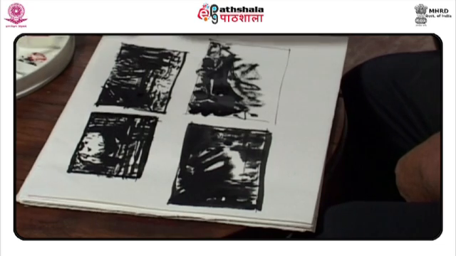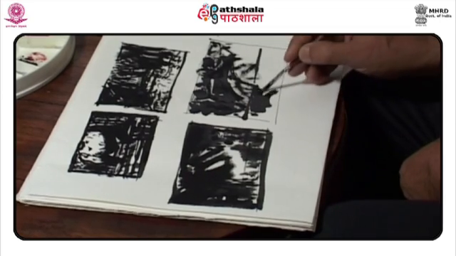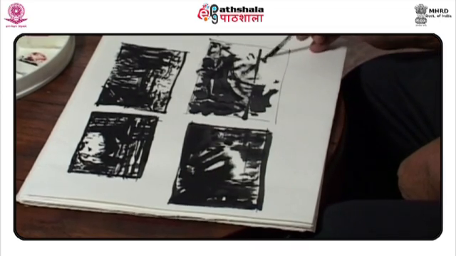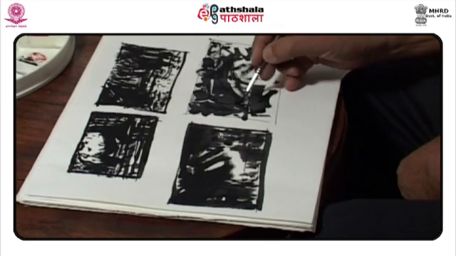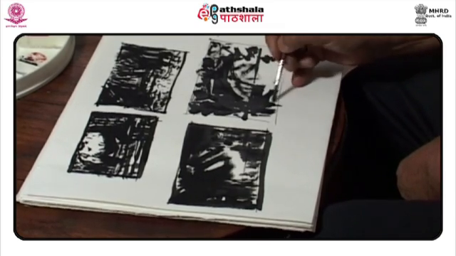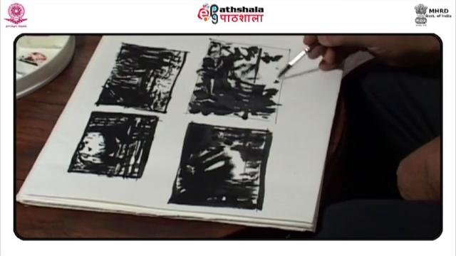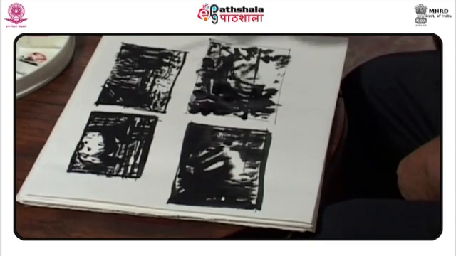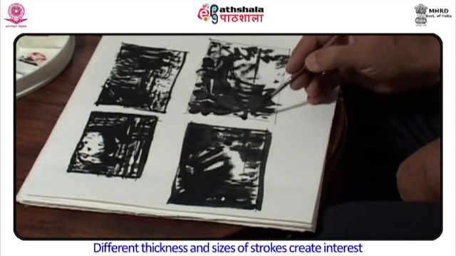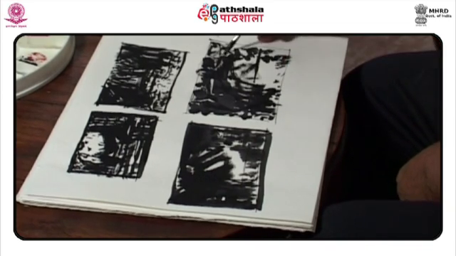Fill up the space with free brush strokes. Draw a horizon and below that line put a dark patch and try to fill the left side with variation of linear strokes. Different thickness and sizes of strokes create interest.